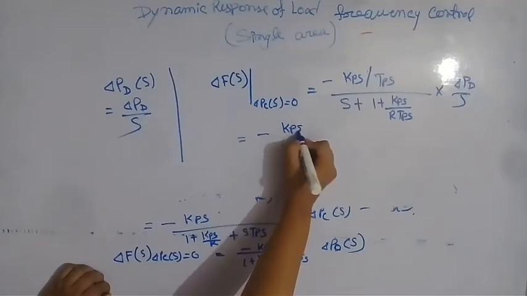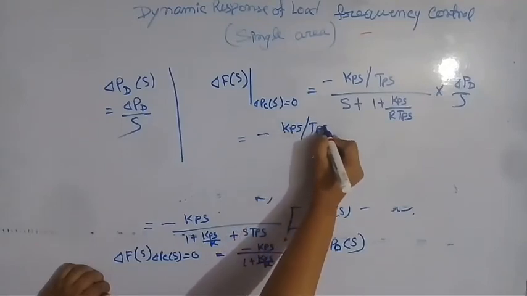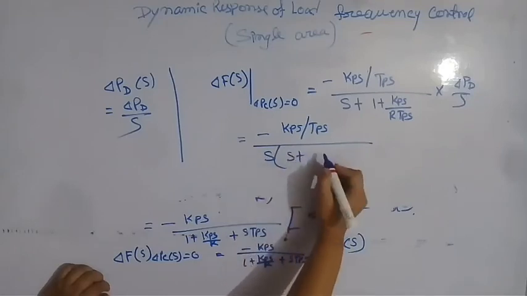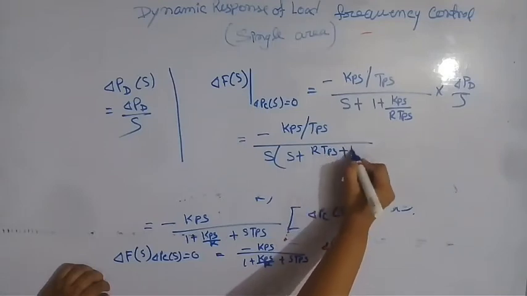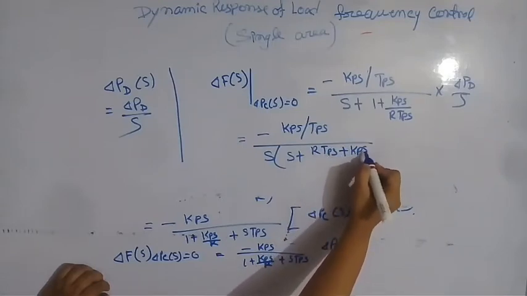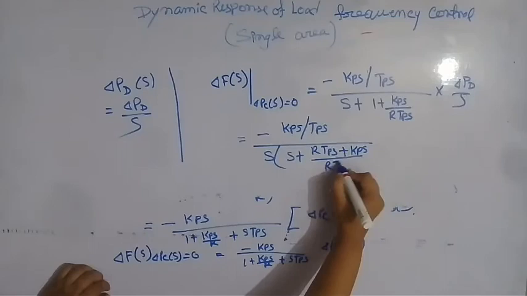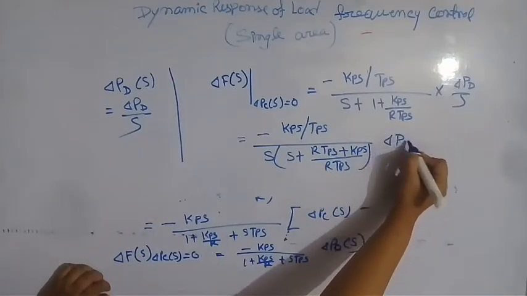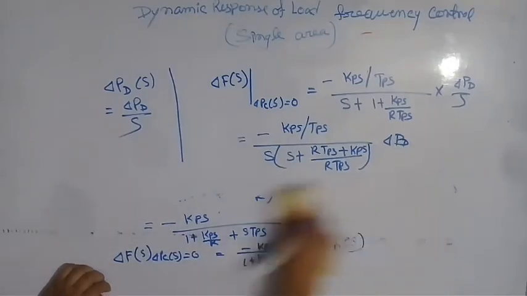So minus KPS by TPS over s into (s plus (R plus KPS) by R TPS) into delta PD.